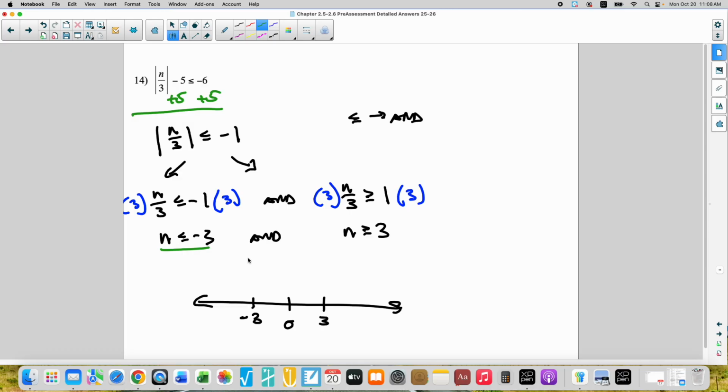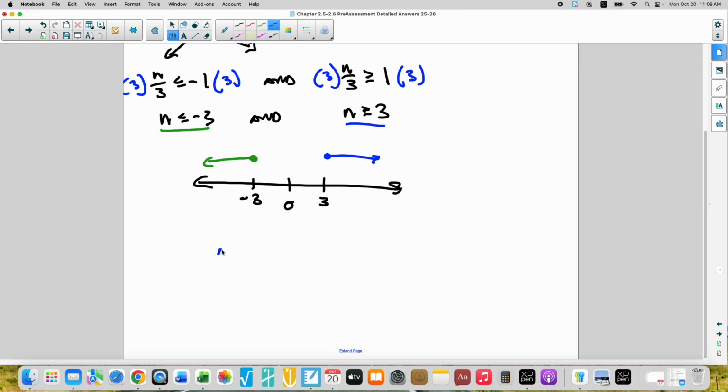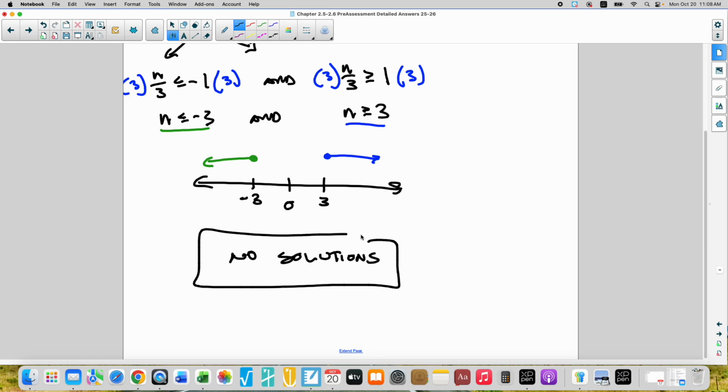Closed circle, less than negative 3. That's also a closed circle, greater than 3. It's an and statement, so there's no overlap. So this answer is not in blue. This solution is no solution. There's no two trues. No solution.